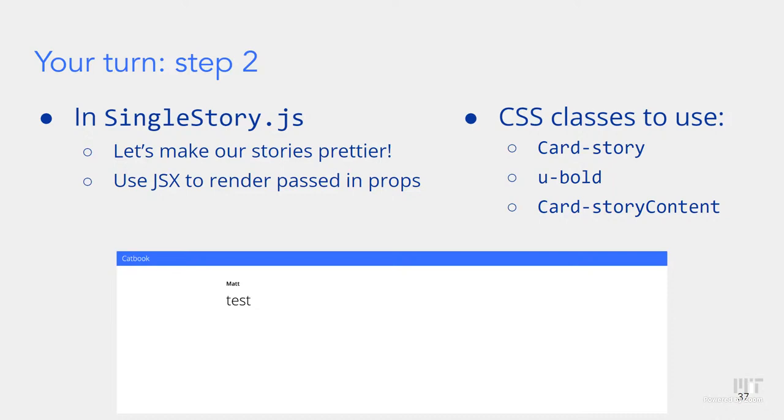And remember to access the value of the prop in your single story component, you want to do props dot whatever the name of the prop is. So you want to do either props dot creator name or props dot content to access either one of them. And so try to use these CSS classes to render the creator name and the content into something like this.